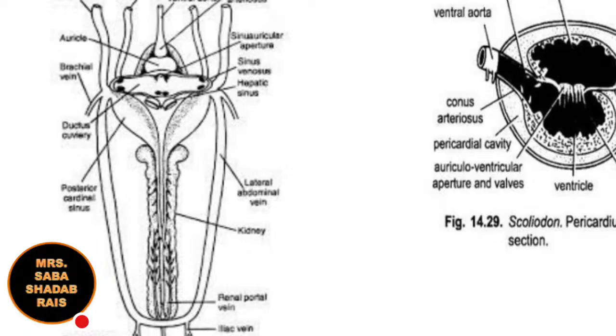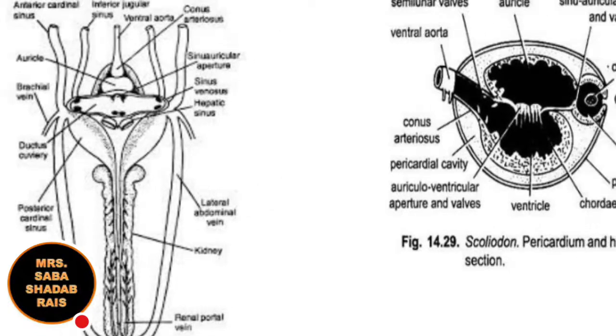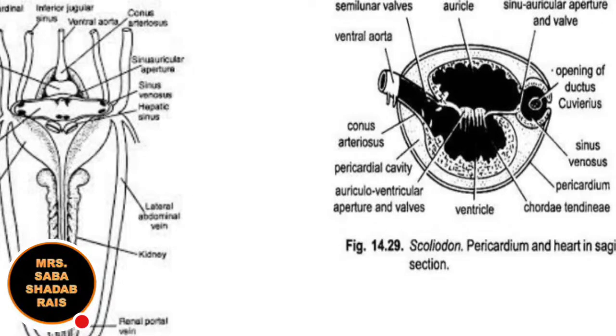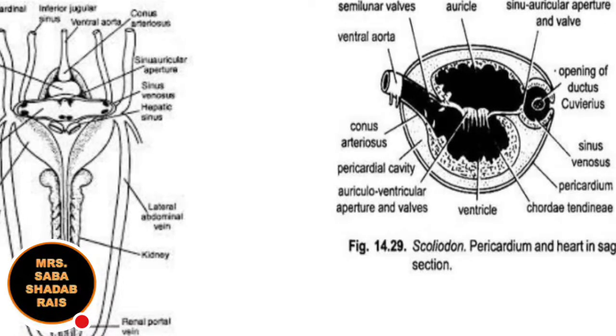Now we have already learned that it is an accessory chamber, supporting the atrium or the auricle. So now whatever blood it has collected from the entire body, it has to give to its main chamber. That chamber is called the atrium or the auricle. So there should be a certain type of opening.